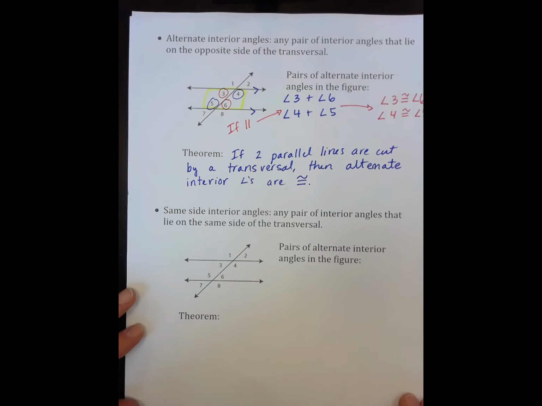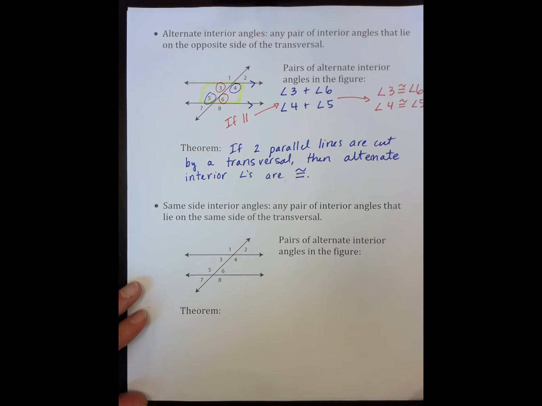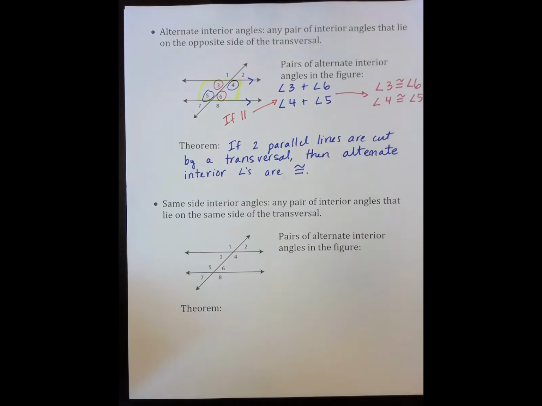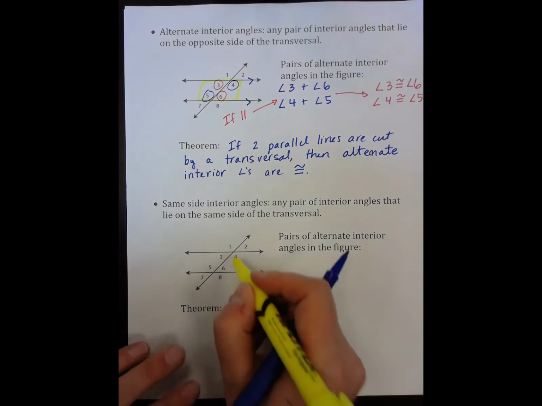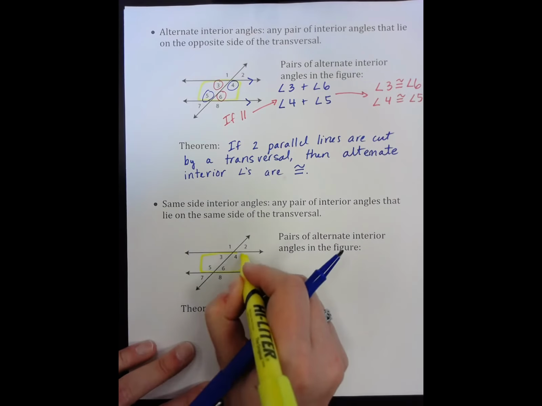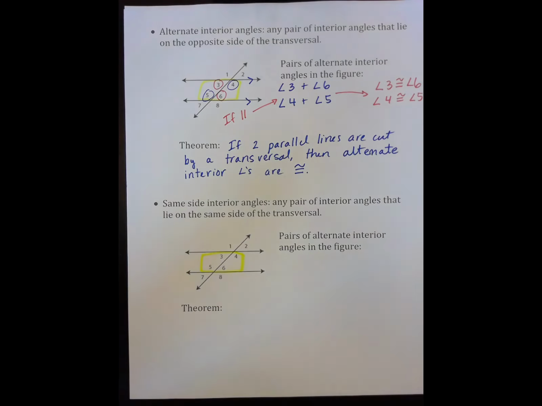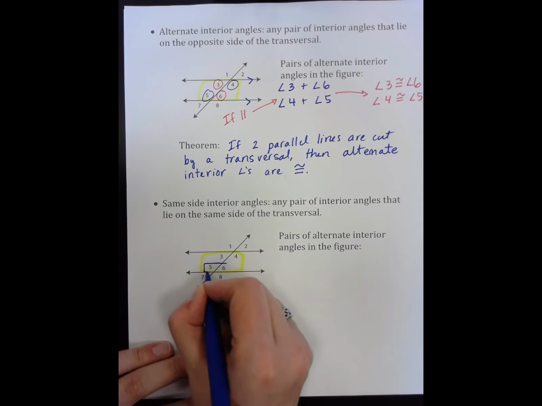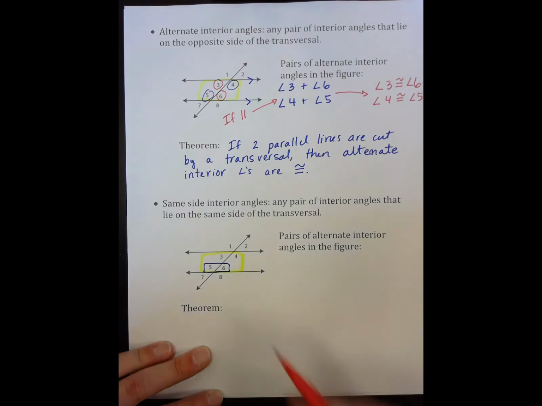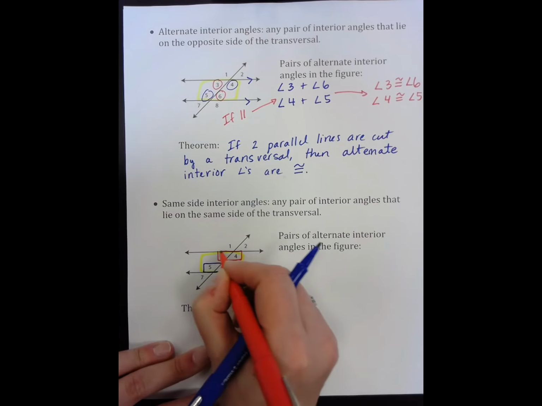The last one we're going to talk about is same side interior angles. So we're still talking about interior, so that's these 4 on the inside, but now we're talking about the same side, meaning that they share the line. So we can see that 5 and 6 share a line, and 3 and 4 share a line.